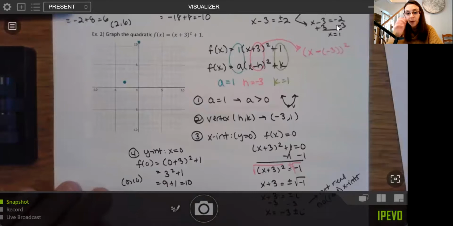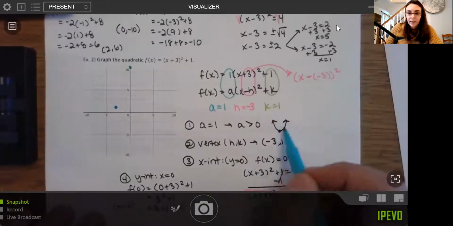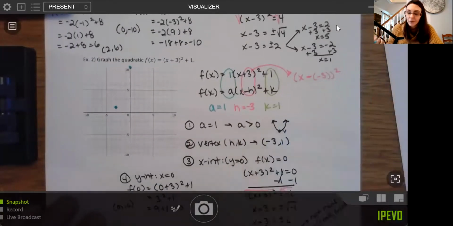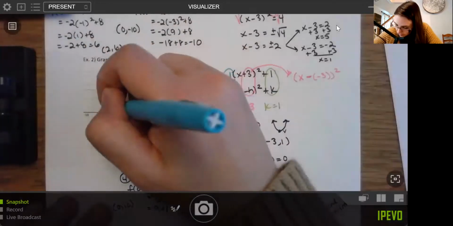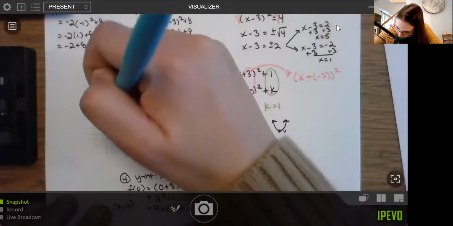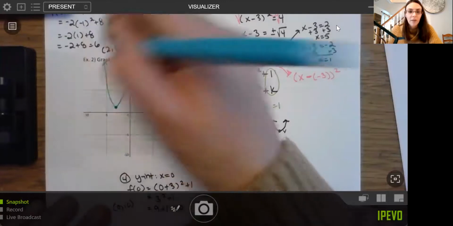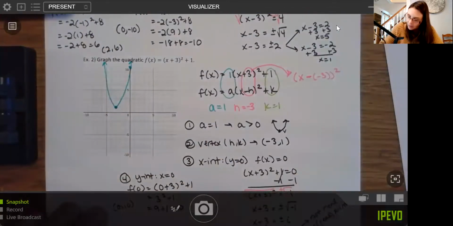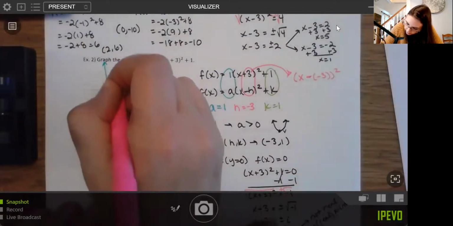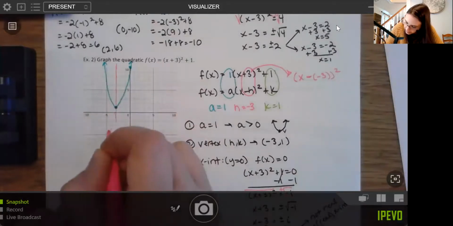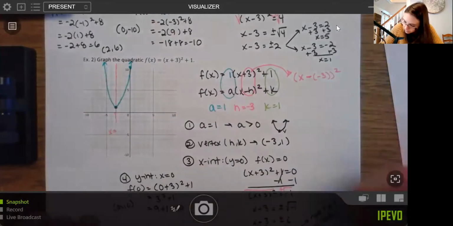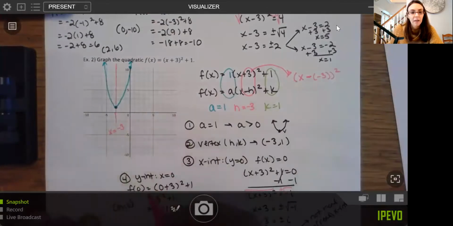Now I only have 2 points, but I do know that my shape looks like this. So that actually is enough to graph. I mean, maybe it's not perfect, but I know my graph is going to look like this, and then it's going to be like a mirror image on the other side. So you have that axis of symmetry going right through the center here at x equals -3.